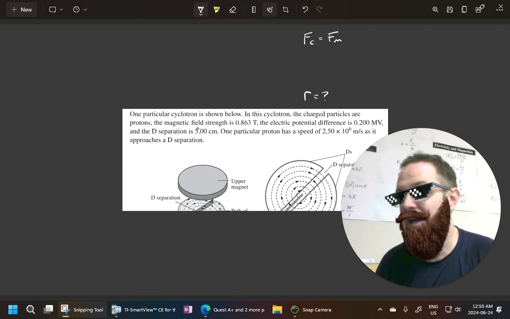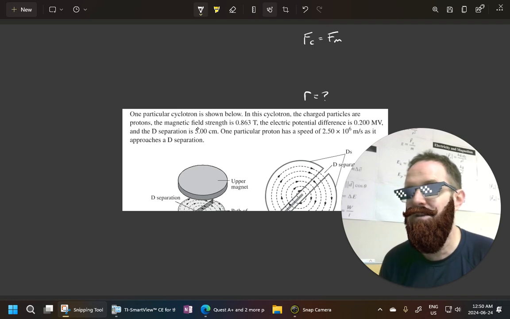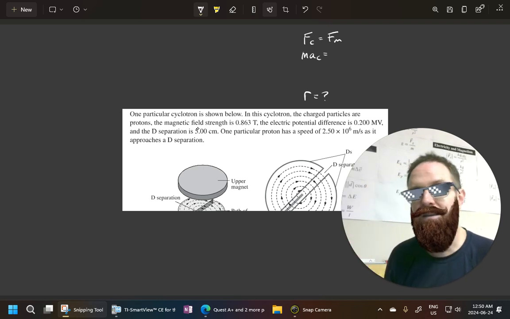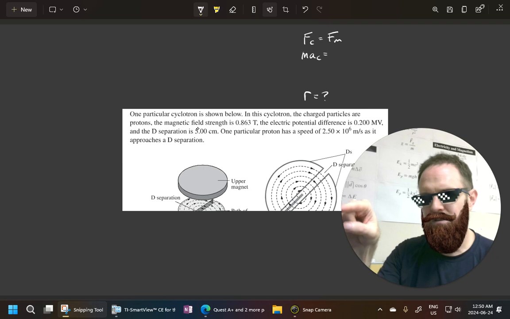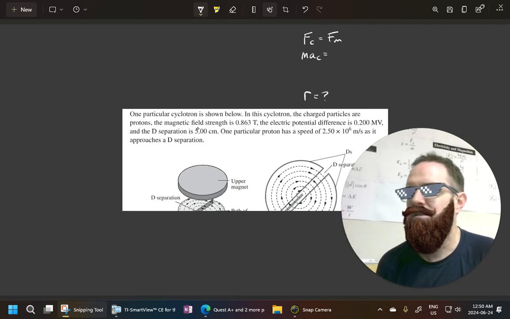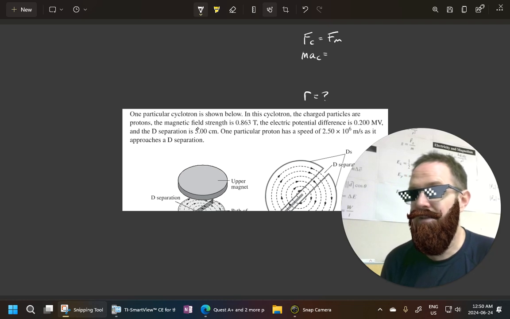So I could say Fc is equal to Fm, Fc being the net force. There's only one force here, just magnetic force. We probably ignore gravity. It's probably going to be small enough that it's not going to affect anything. Plus also it's going the other direction, not going around circles. Don't worry about it. So Fc, which is an F net, is equal to m times a.